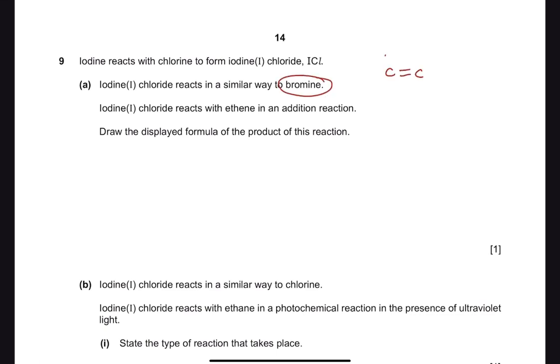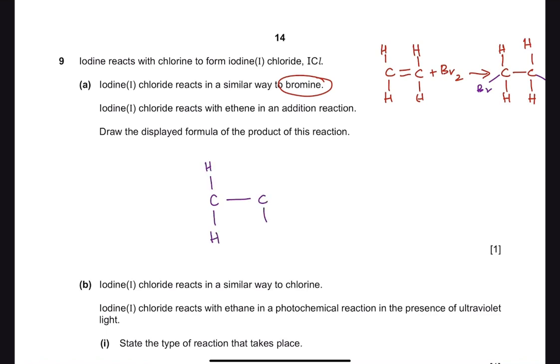If you take ethene and you react it with bromine, which is Br2 by the way, the two carbons would stay in the same place, the hydrogens would stay in the same place, the double bond would be gone because it's an addition reaction. Both carbons would receive one bromine atom each. So similarly, the double bond would be gone, hydrogens would be in the same position, one carbon would get iodine, the other would get chlorine.